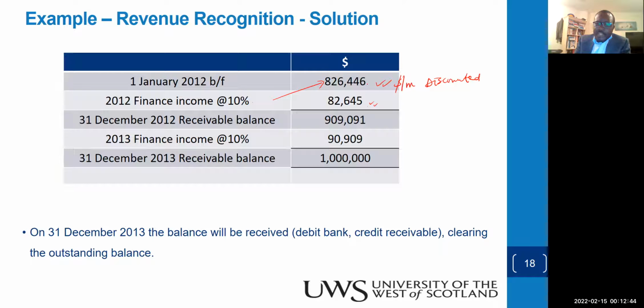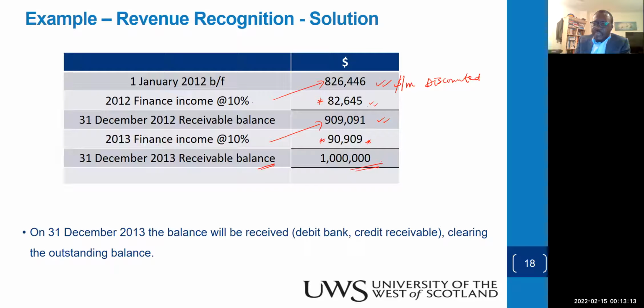We credit finance income and debit the receivable with the interest component. In the second year, we get a total of this, and we apply 10% of this on this one. We credit finance income and then debit our receivable with this portion. At the end of the 2 years, realize that it sums up to 1 million.